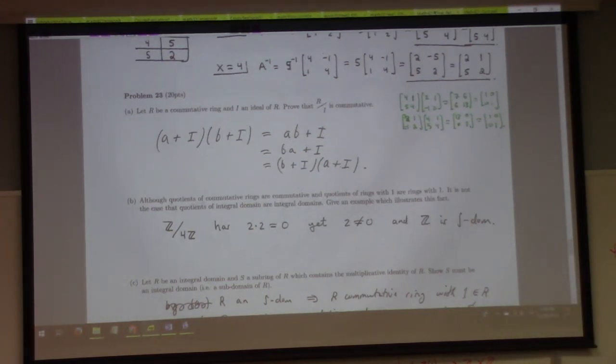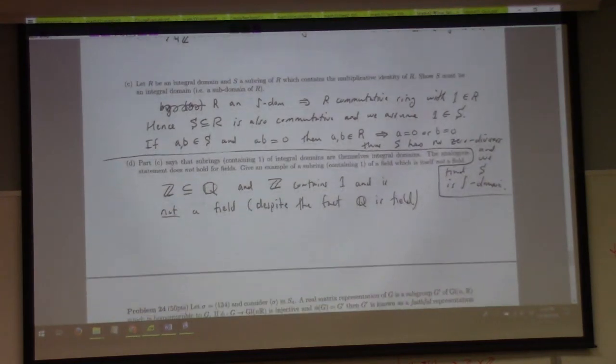Let's see here. Let R be an integral domain, S a subring of R which contains a multiplicative identity of R. Show that S must be an integral domain.